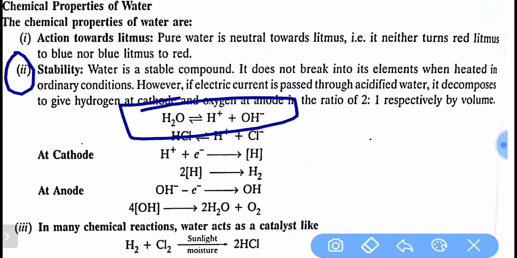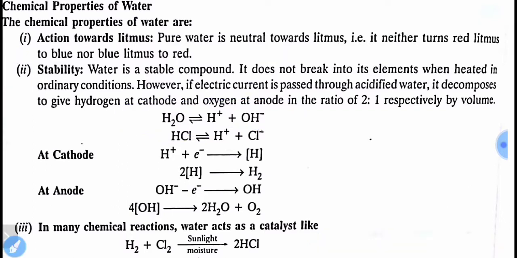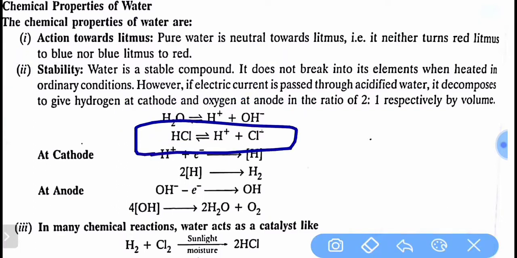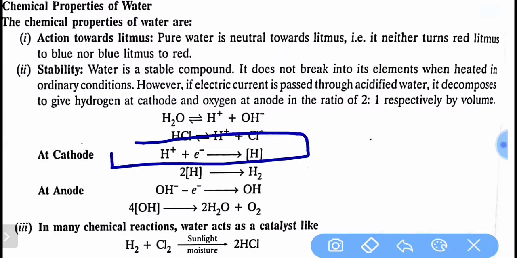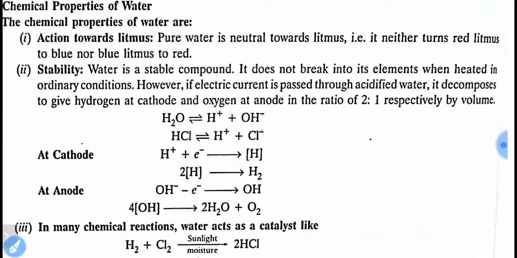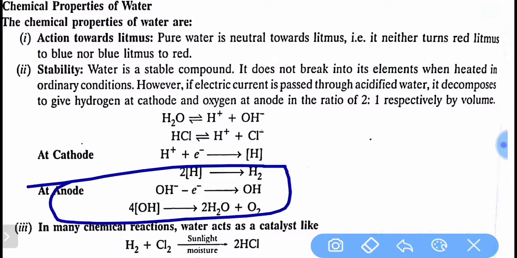You can see the acid which we use is HCl, H plus, Cl minus. At the cathode, hydrogen ion will receive an electron. The cathode is a negatively charged plate, so it catches the electron and is converted into hydrogen.